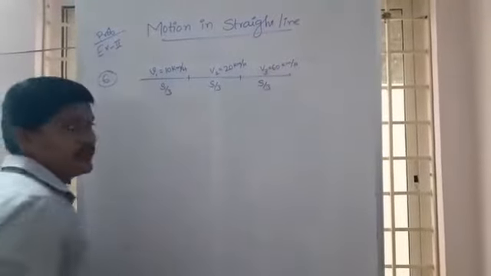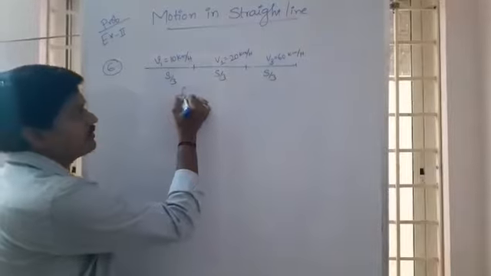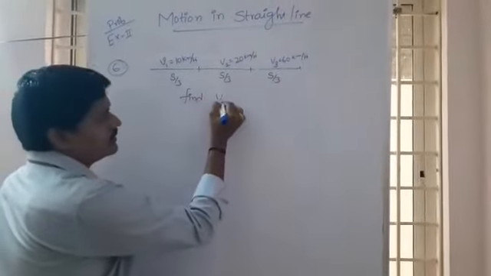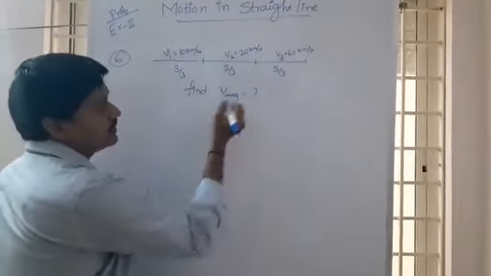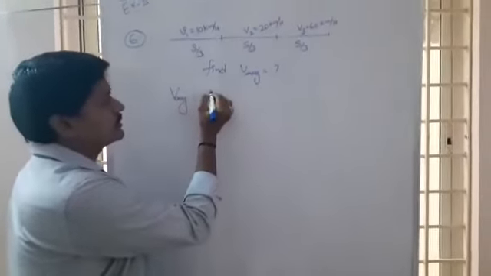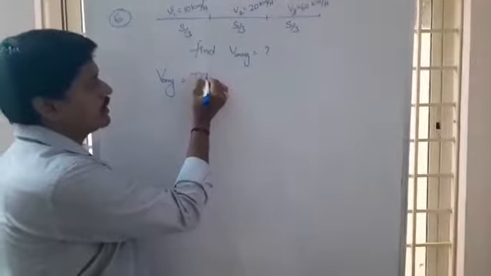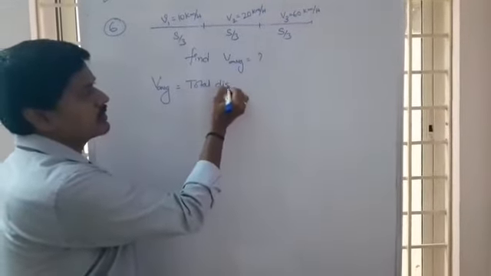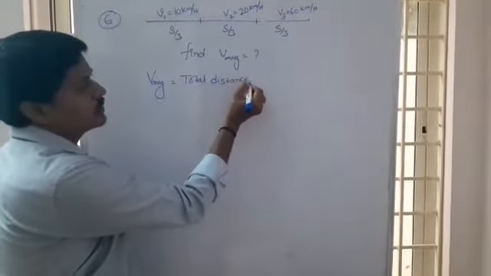Find the average speed. What is the average speed formula? Total distance by total time taken.